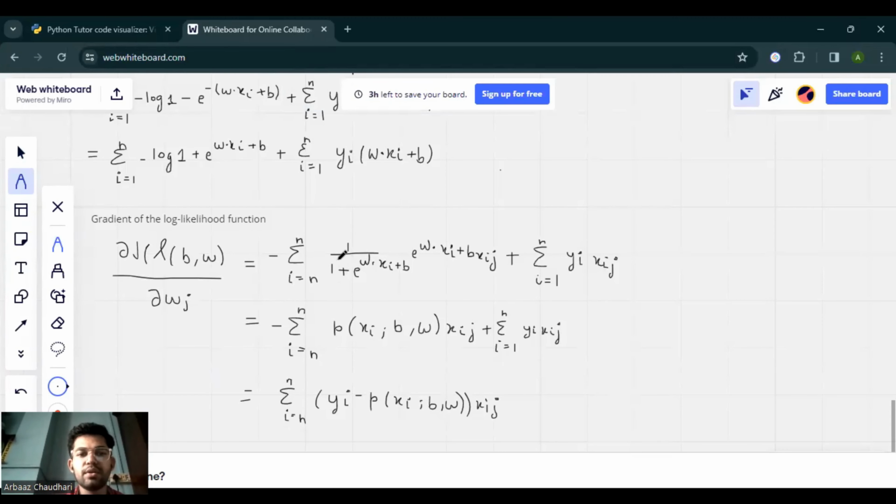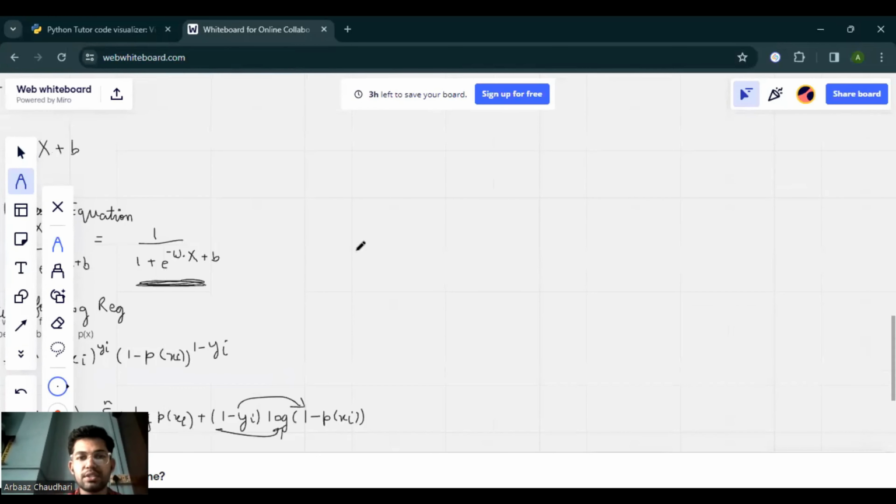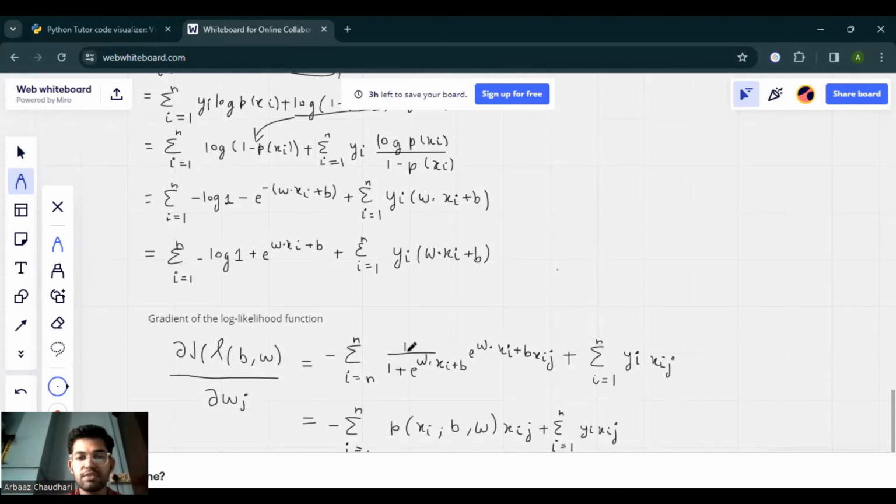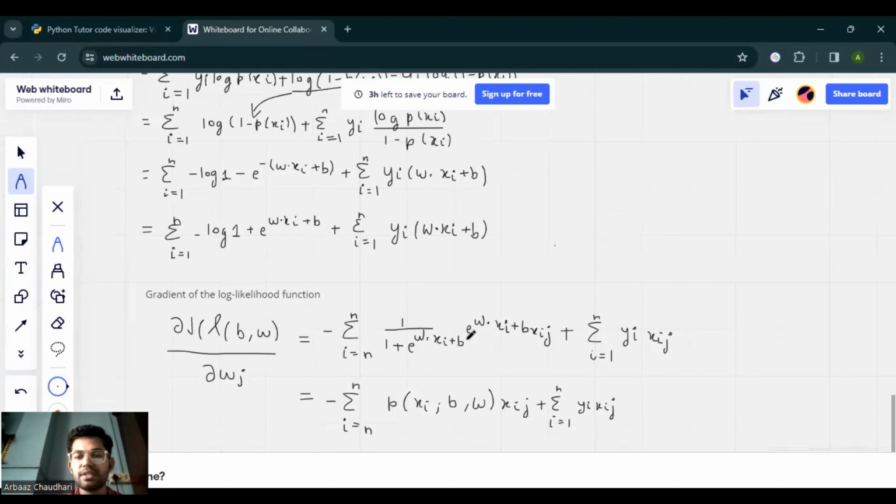So this was the final logistic regression, which is written as 1 divided by 1 plus e raised to w dot xi plus b. Same thing. And here, in place of this, xij is written.